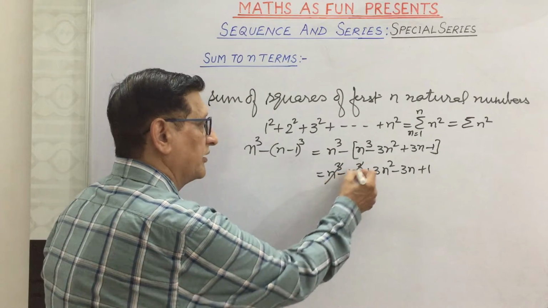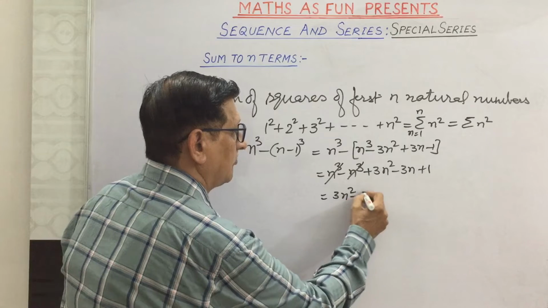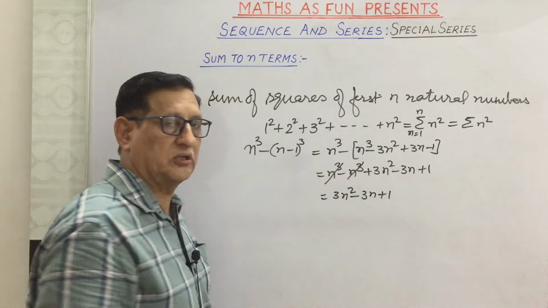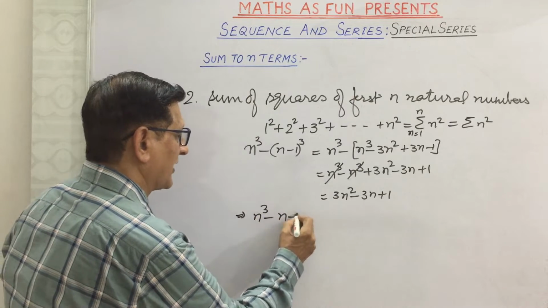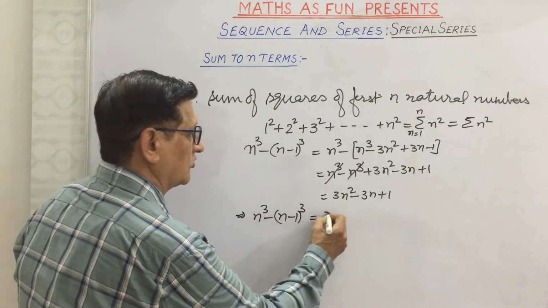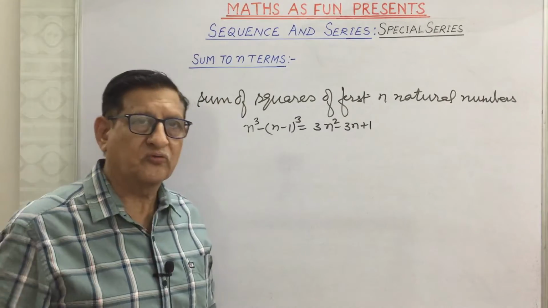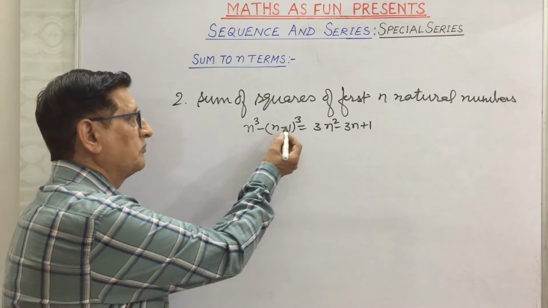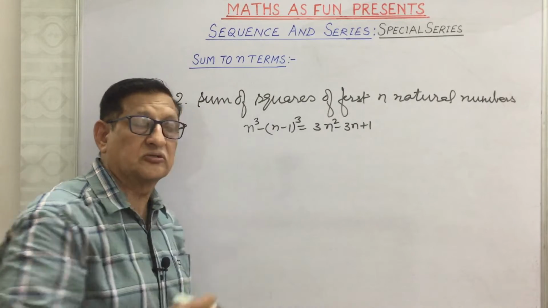N cube and n cube cancel. So this comes as 3n square minus 3n plus 1. So we got the relation n cube minus n minus 1 whole cube equal to 3n square minus 3n plus 1.